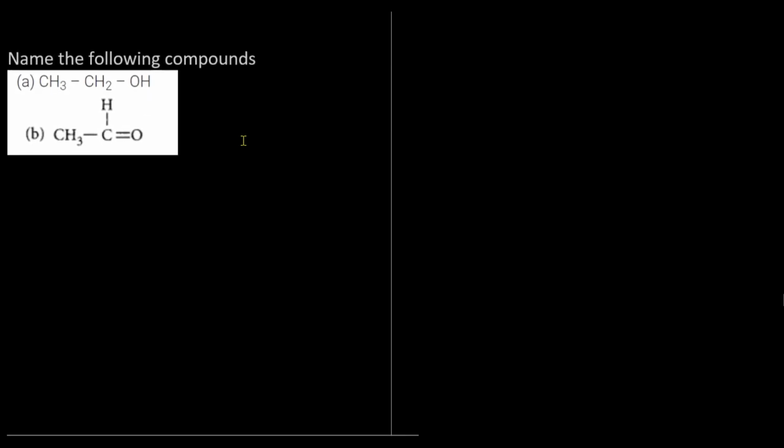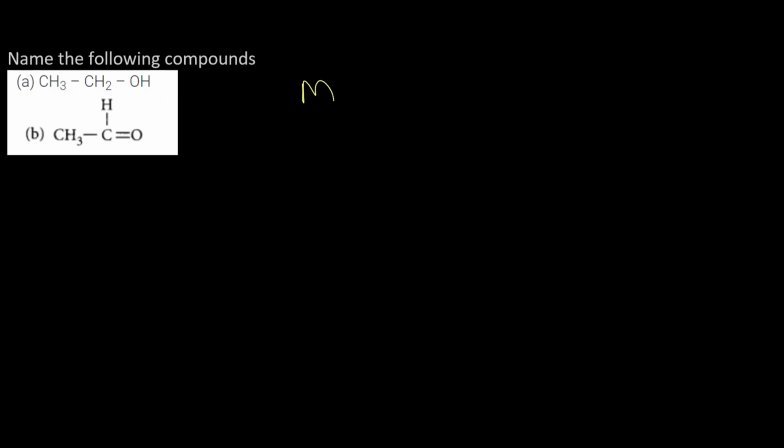The first compound is what? We can see the functional group here is OH, right? And how many carbon atoms are there? There are two carbon atoms. So two carbon atoms is eth, that is ethane.